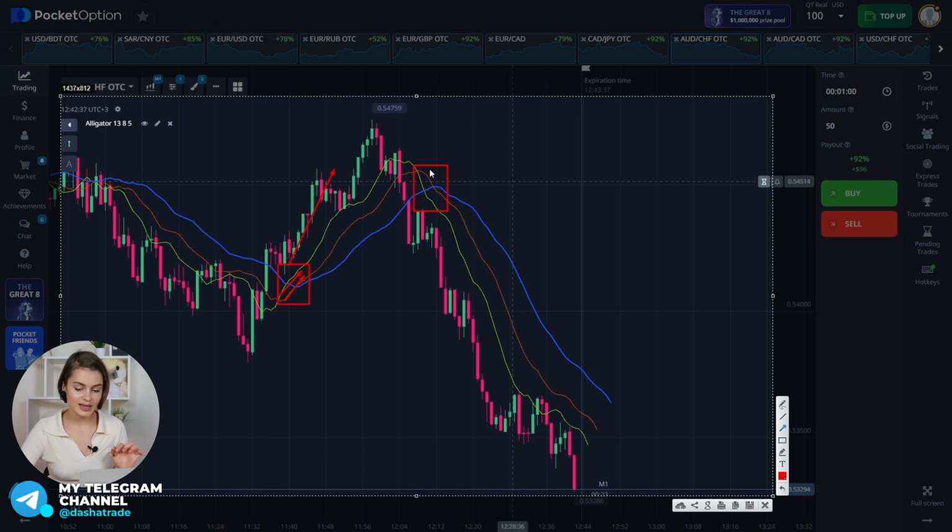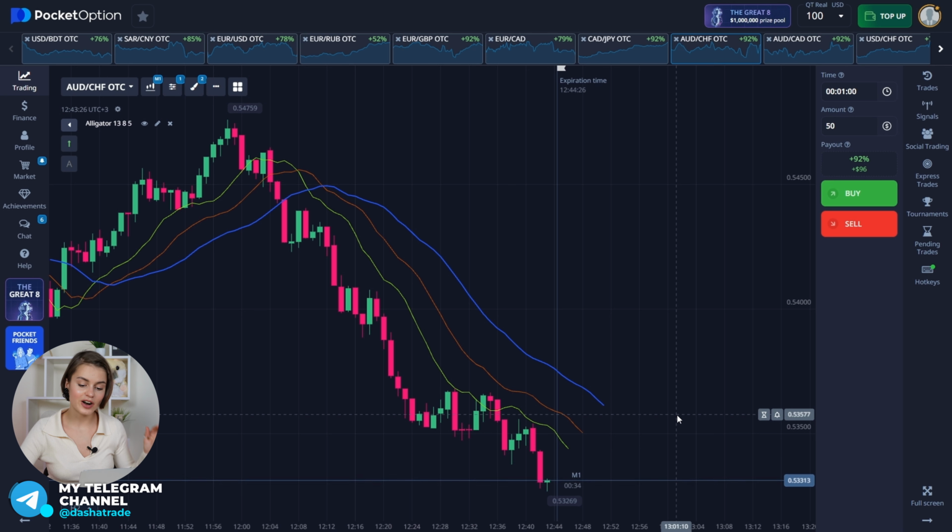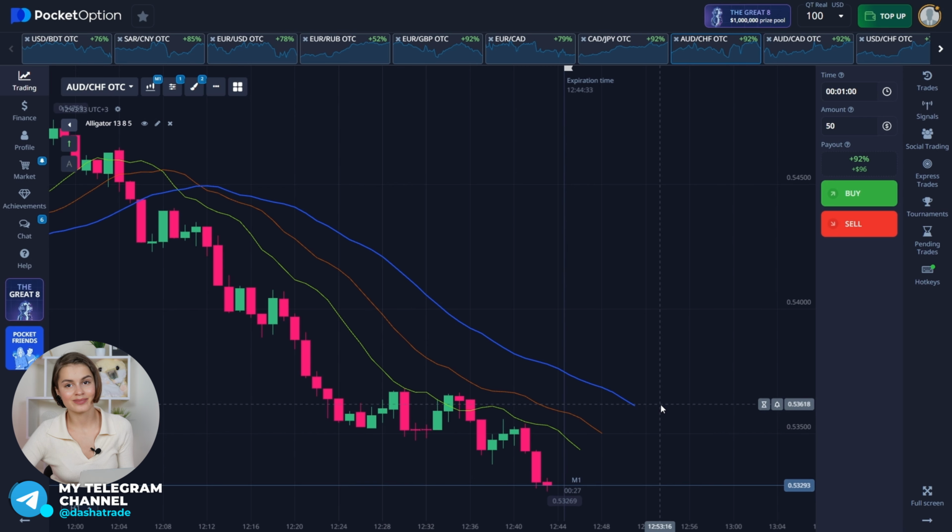And if we see the signal where two lines cross the blue line from top to bottom, this is a good signal to open a position to sell. Of course, when opening a position, we will also use confirming factors as they will increase the win rate of our deals. And now let's move on to trading.